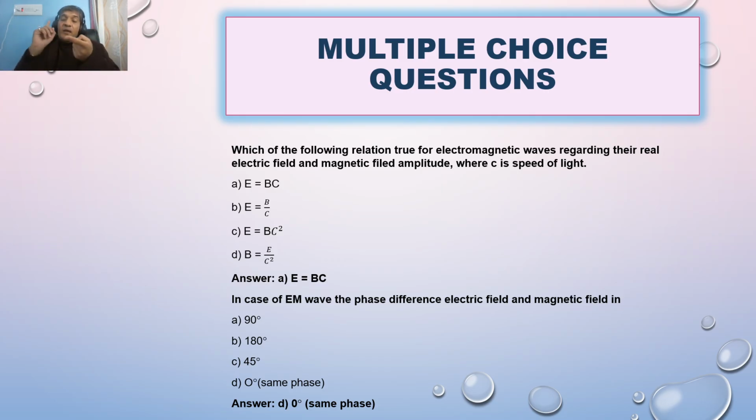In both cases, whether in free space or in a metal medium or conductor, the electric and magnetic fields are perpendicular to the direction of propagation and perpendicular to each other, but the phase difference is zero in case of free space. The phase difference is pi by 4 or 45 degrees in case of a conductor. So keep that in mind. It is a very important point. Make it clear in your mind.